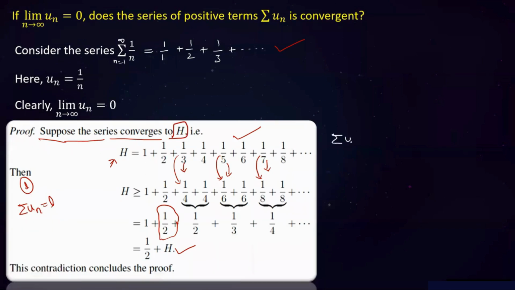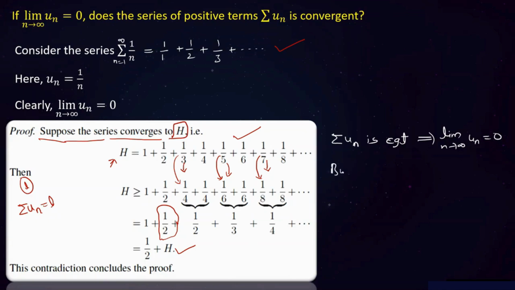When the series summation un is convergent, then this implies limit n tends to infinity un is 0, right? When the series is convergent, then definitely the limit is 0.